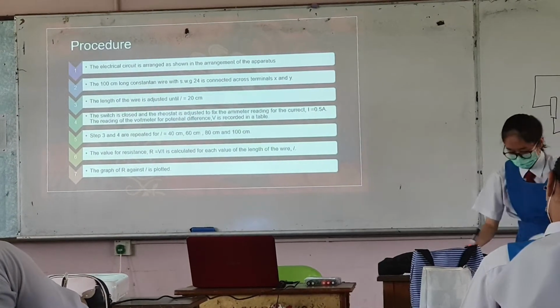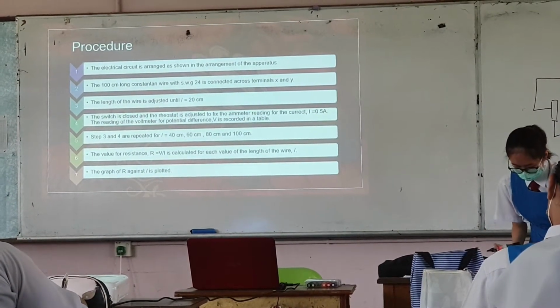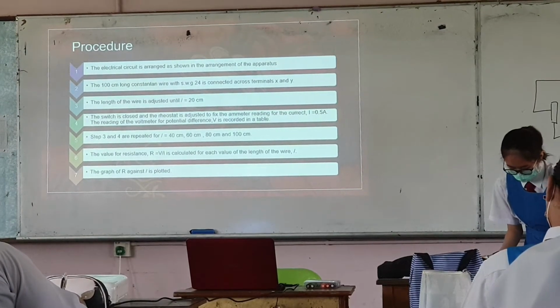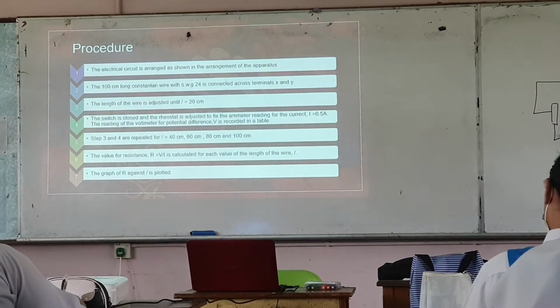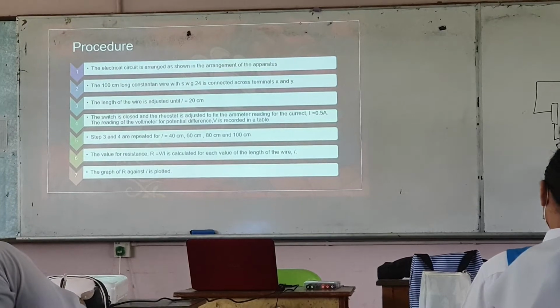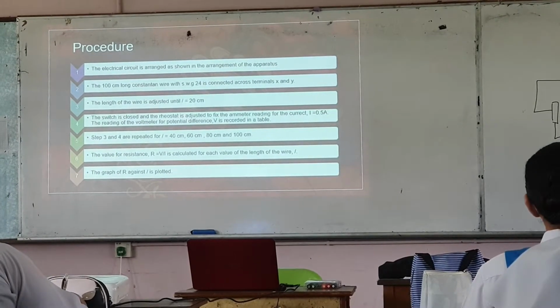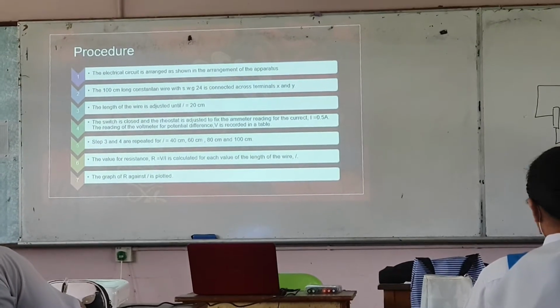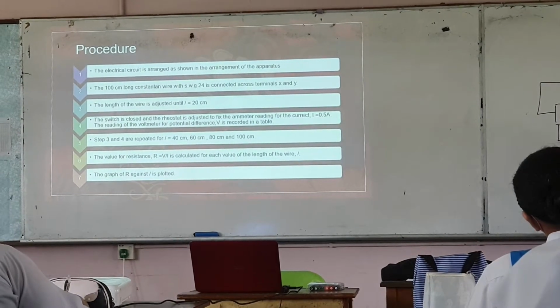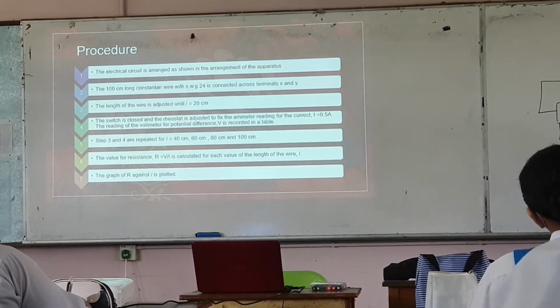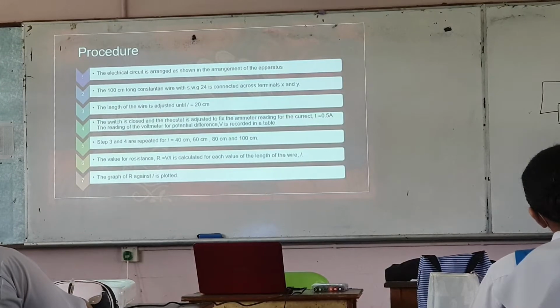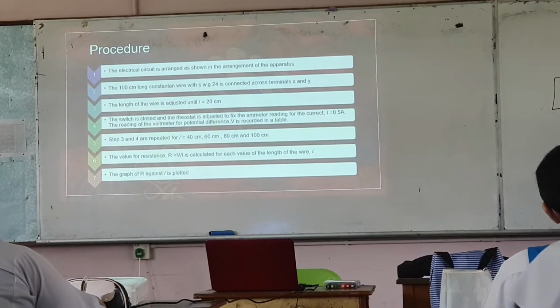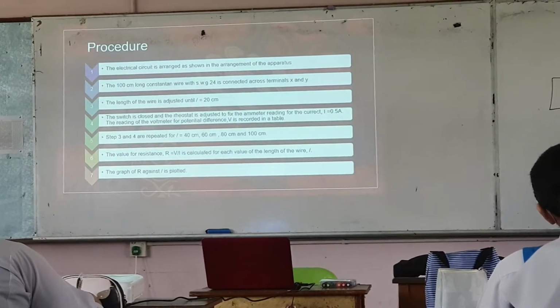The reading of the voltmeter for potential difference is recorded. Then repeat the step for 4 more lengths. Then calculate the resistance by using the formula, and then a graph of resistance against length is plotted. I can say this is a perfect procedure.